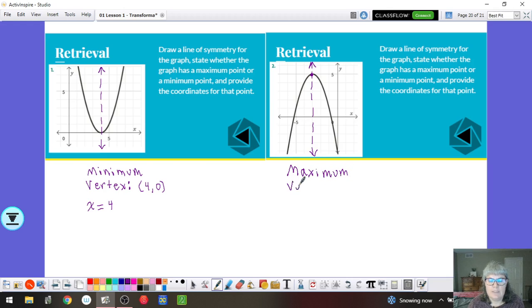Its vertex is located at, so here is 0, 1, 2, 3, negative 3, 5. And if we write the equation for the axis of symmetry, that's going to be x equals negative 3. The x of the vertex always matches the equation for that axis of symmetry.